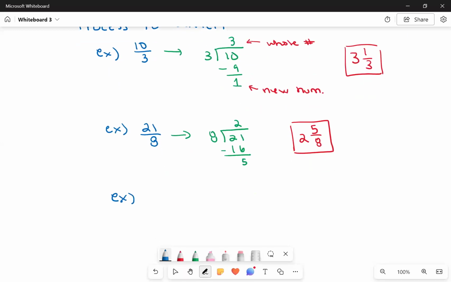All right, to go the other direction, to start with a mixed number and go to an improper fraction, you kind of do the reverse of what we just did. So rather than division, you do multiplication. Okay, we're literally reversing the process of division. All right, so what we do is we take the whole number, we multiply it by the denominator, and then we add the numerator. So here, let me write that out. We take 3 times 6 plus 1, which is 19, and then over the same denominator.